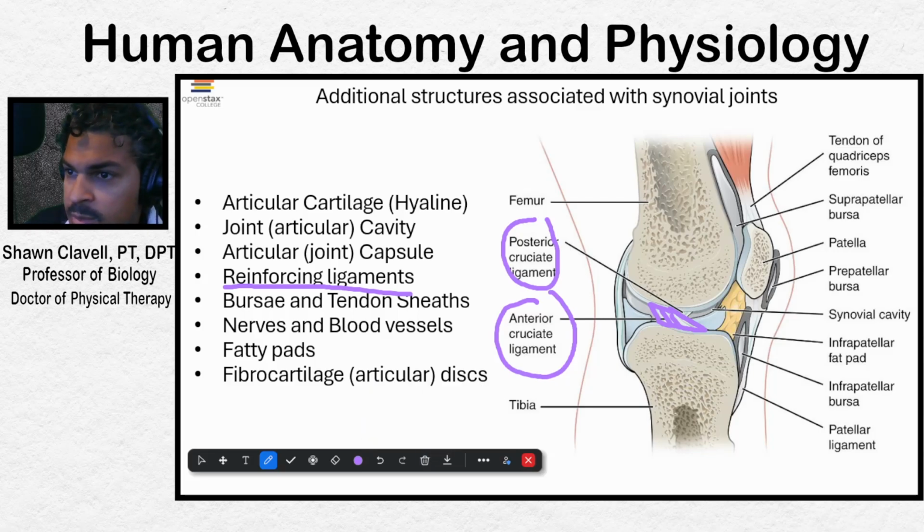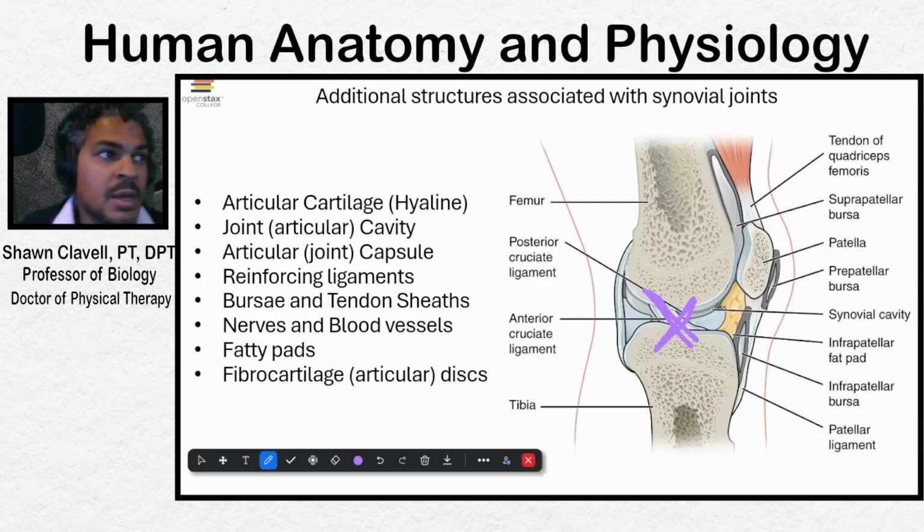Maybe if I did it like this, they hold those bones together like that. So there's one ligament there, there's another ligament there, and they hold the bones from going too far forward or backwards. So you've got these supporting ligaments either in the joint themselves or blending into the capsule. That's what you can see here. They're blending into the capsule there.